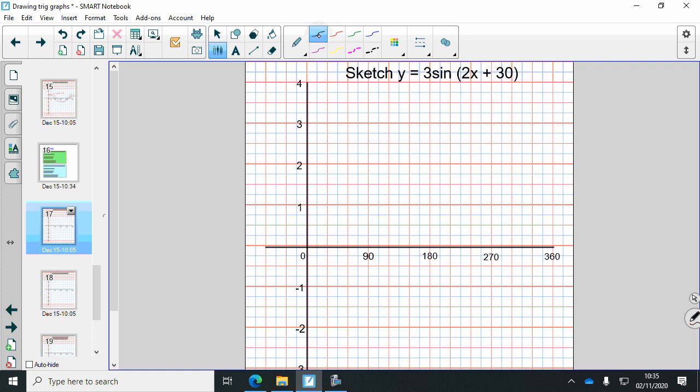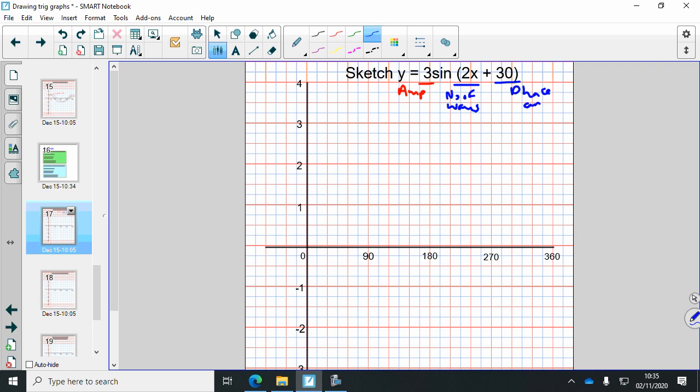So we've got the amplitude of 3. We've got the number of waves being 2. And then we've got the phase angle being 30.